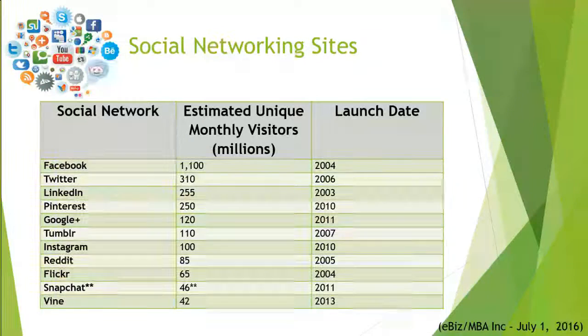You'll see Facebook has over 1 billion monthly visitors, and those are unique, so individual people. There's a big jump when you get down to Twitter, LinkedIn, and Pinterest, but those numbers are still pretty big, over 310 million unique visitors each month. Another key thing to note is that these are active users, so these are people who are posting at least once a month on the social networking site.